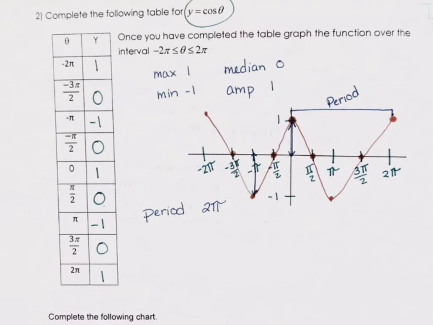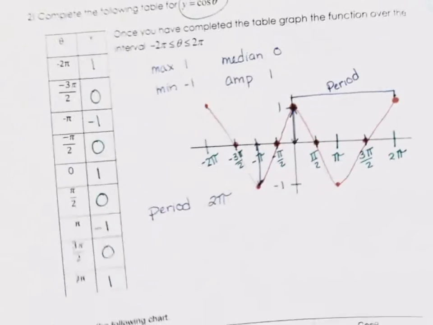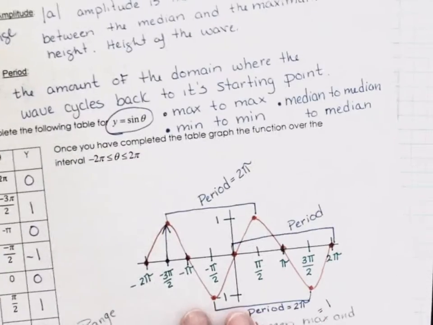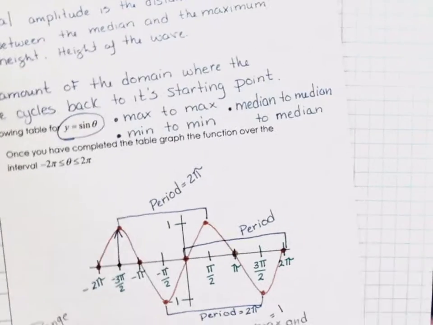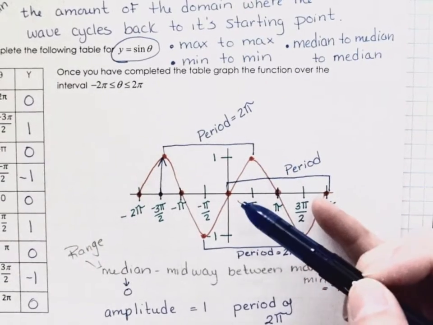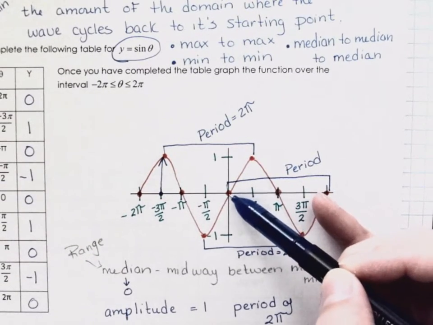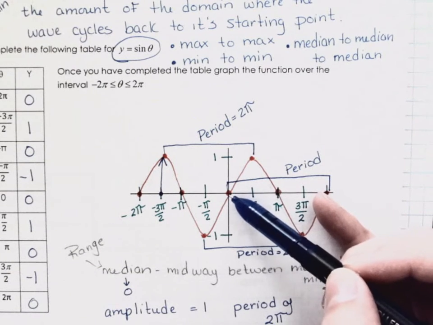Okay, cosine graphs start at a maximum. Sine graphs start at a median. They can start elsewhere, and we'll talk about that very soon. But your regular sine graph, where does it start? At 0, 0, so that's a median.